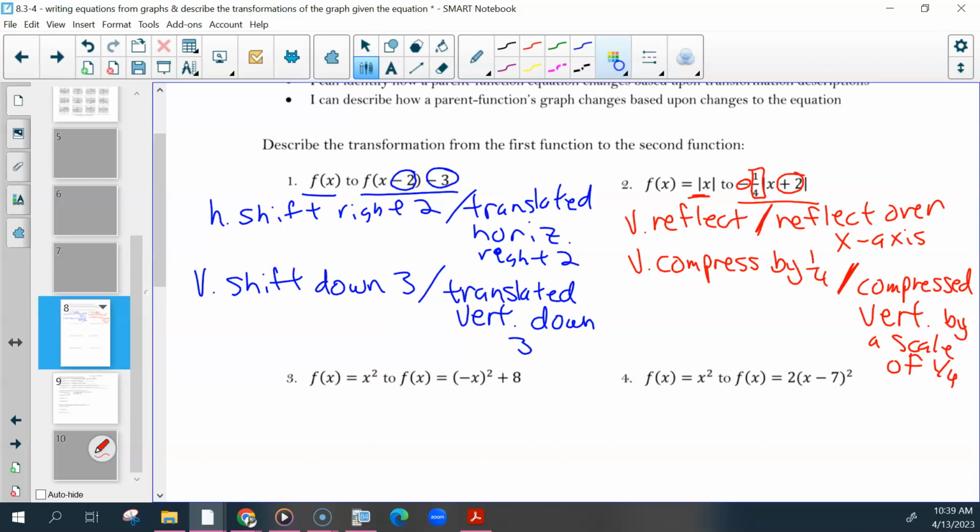If you're writing both, that's great. If you're only writing one, that's fine, as long as you know that it can be written both ways and you'll need to be able to recognize both ways.